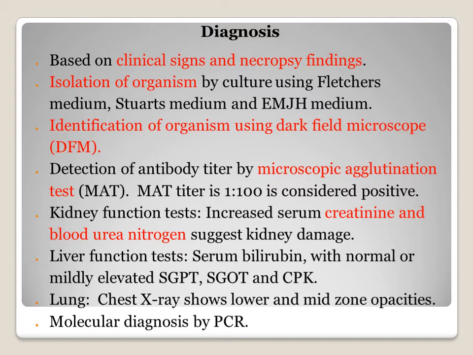Similarly, Leptospira also causes liver damage, hepatitis and hepatic dysfunction. So the clinician has to carry out a liver function test, and serum bilirubin with normal or mildly elevated SGOT, SGPT and creatinine phosphokinase is observed.